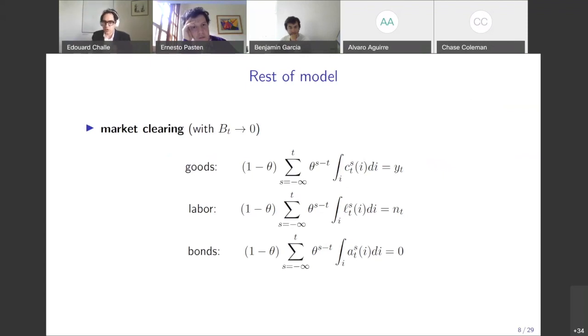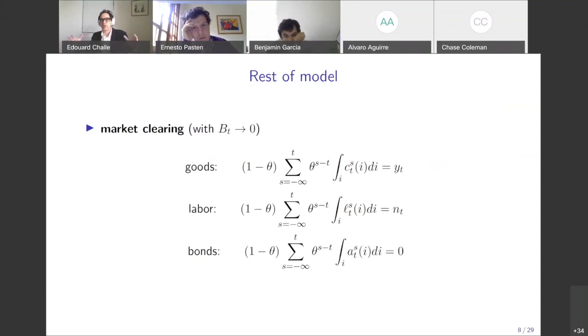Those trades are going to generate dispersion of wealth among the agents. And for the rest, we have the usual market clearing conditions. Here you can observe that I'm aggregating within generations, and this is consumption, which I'm aggregating within generations and across cohorts.